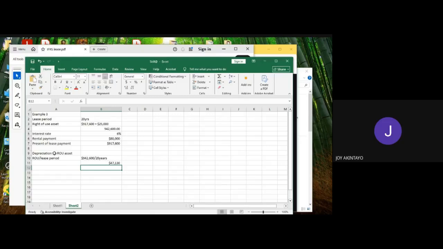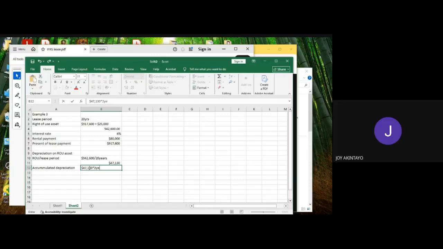So we know this one is yearly. So for the accumulated depreciation for the 2 years, accumulated depreciation will just be this value, 47,130, times 2 years.